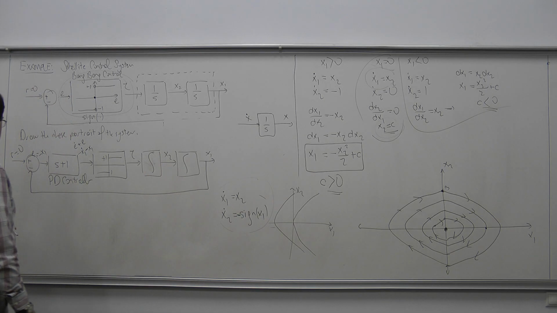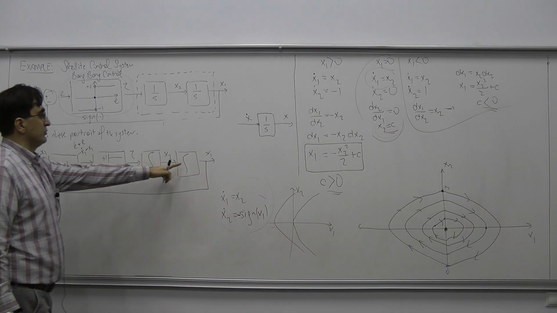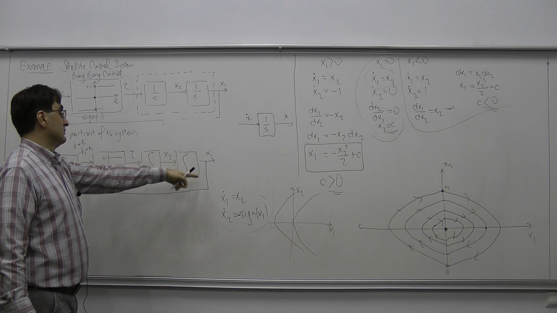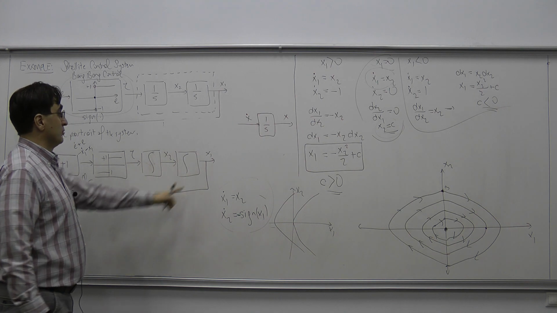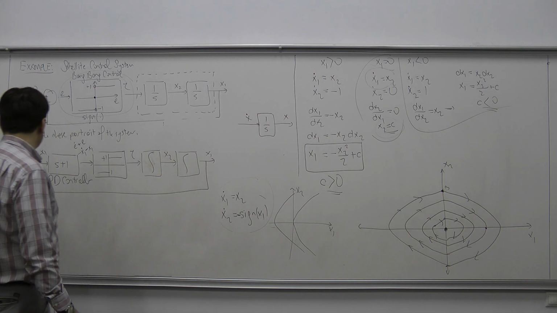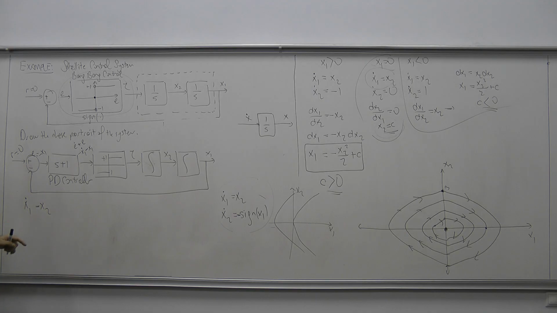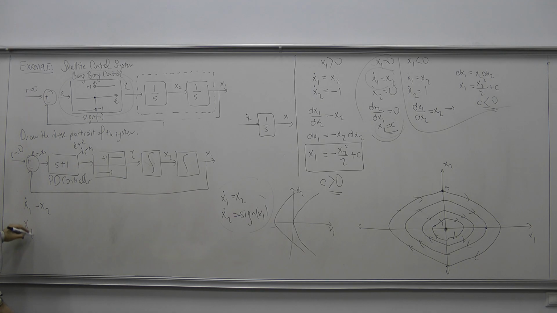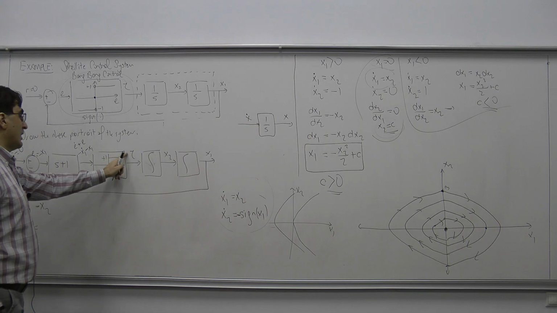Now I can write the mathematical model. x1 dot is equal to still x2 here. This is nothing but the physics. The derivative of the position is the velocity. So x2 is angular velocity here, and x2 dot is equal to tau.